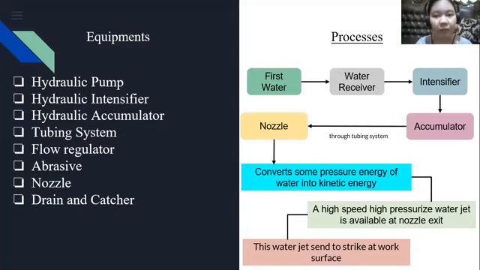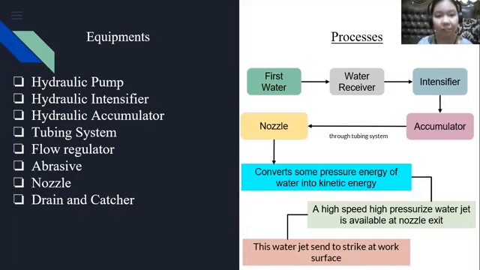It sends water to the accumulator which stores some pressurized water. This high pressure water is now sent through the tubing system to the nozzle. The water passes through the flow regulator valve which regulates the flow. Now, this high pressure water enters into the nozzle. In the nozzle, it converts some pressure energy of the water into kinetic energy.